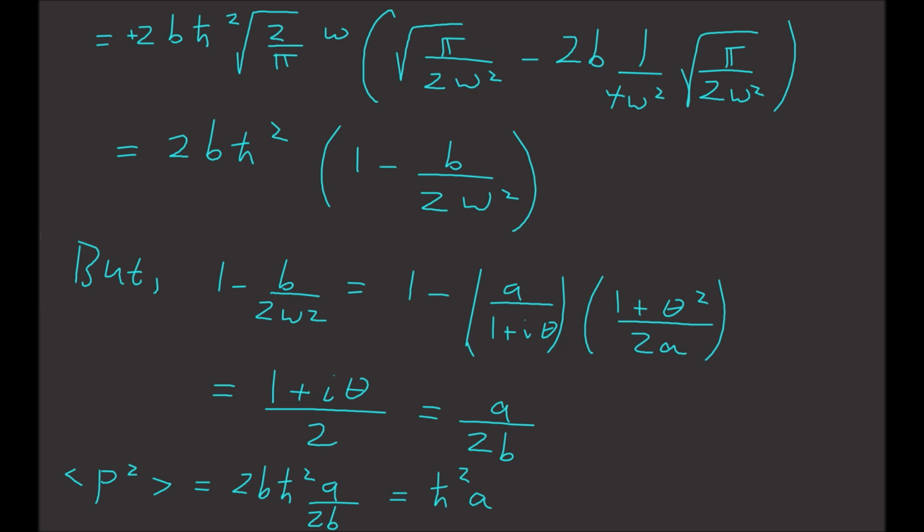Alright, almost done. So now we have to find the uncertainty in x and the sigma of p. So sigma x, this is from earlier videos, is equal to 1 divided by 2 omega. And finally, sigma p is equal to h bar times the square root of a, right?